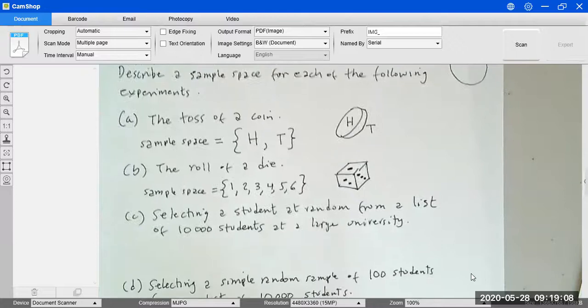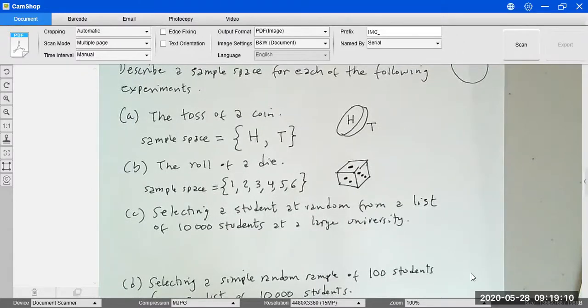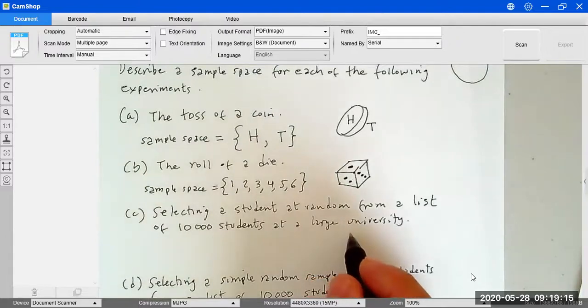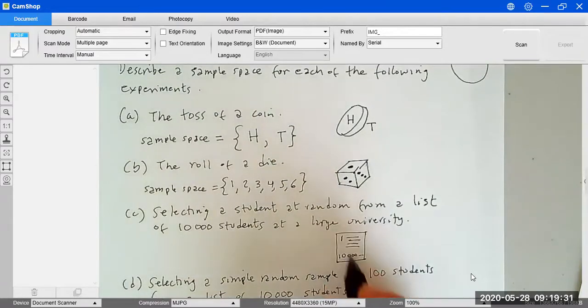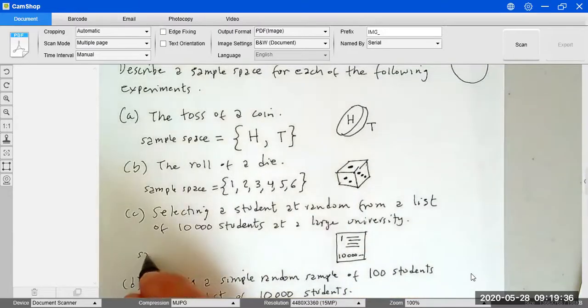Then selecting a student at random from a list of 10,000 students. So you're going to have a list of 10,000 students. So you have a student number 1, and you have a lot of students, and you get a student 10,000. So the first and the last one. So there are 10,000 names here in this list. So what is the sample space?